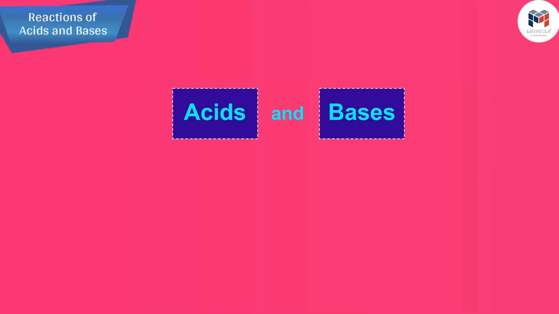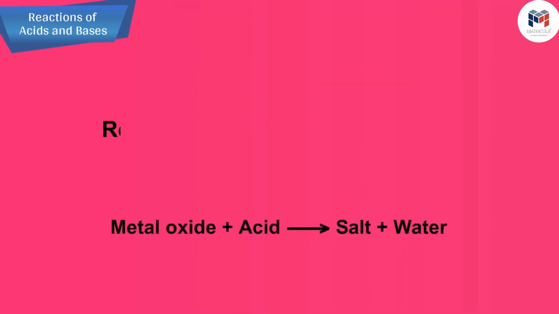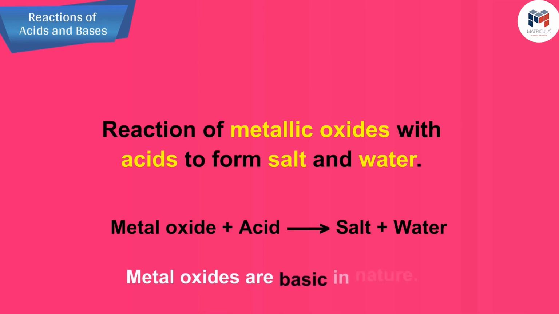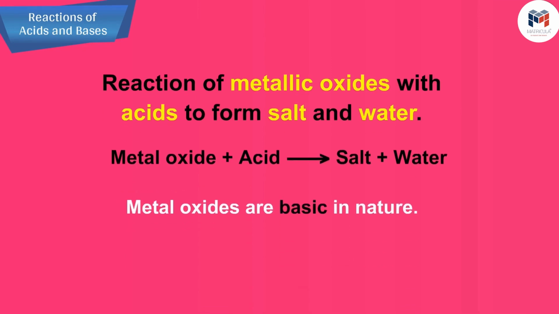Now we will discuss the next type of the reaction, which is reaction of metallic oxides with acids to form salt and water. And students, you already know that metal oxides are basic in nature, and therefore what we can say about the reaction of bases with metal oxides? Yes, right.